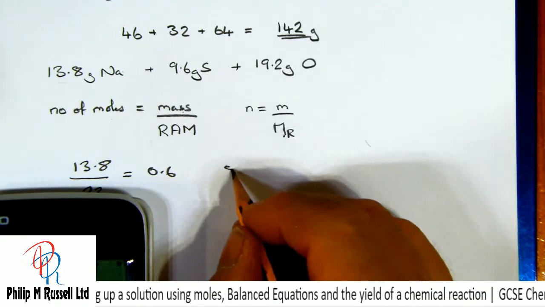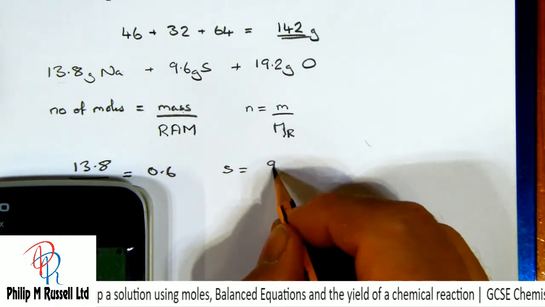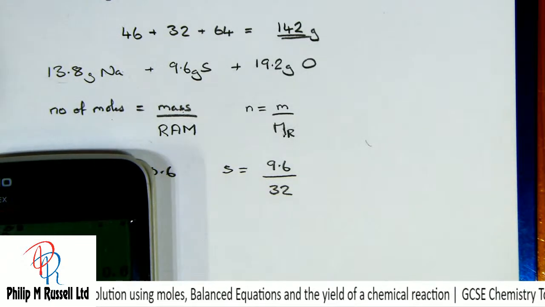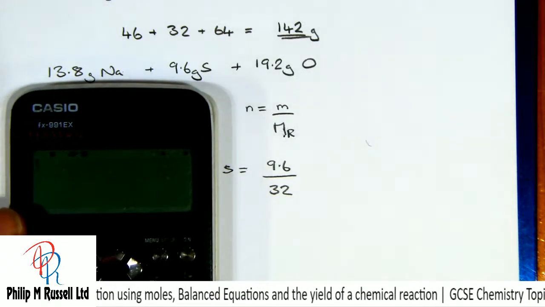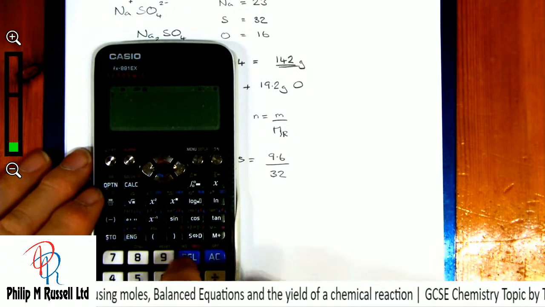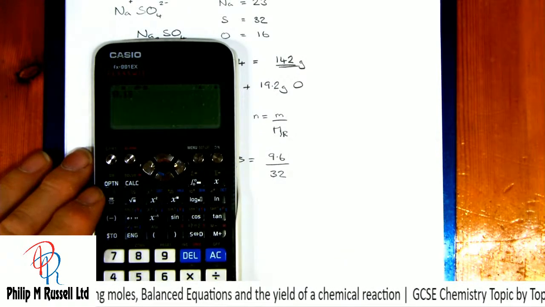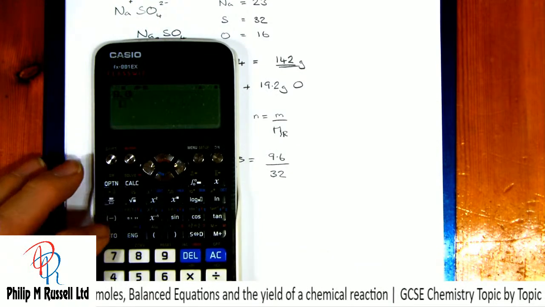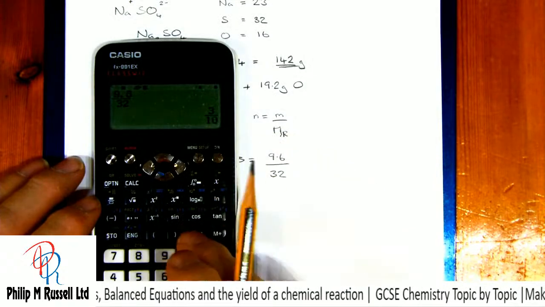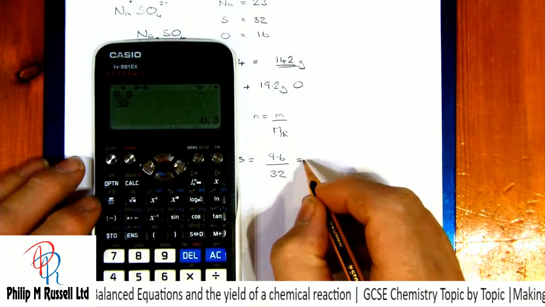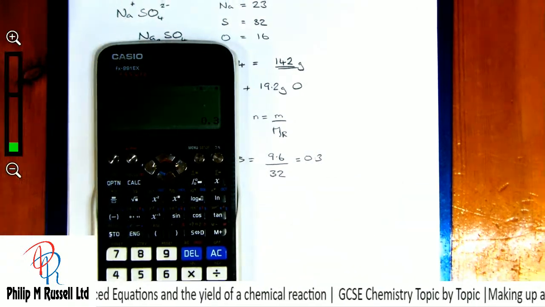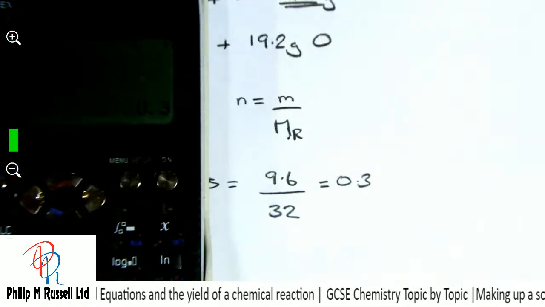Let's work it out for the sulfur. The sulfur then is going to be 9.6 over 32. Put into the calculator. We've got 9.6 over 32, which is going to give me 3/10 or 0.3. I can see someone has done some work on this to make sure this is going to work out nicely for me.